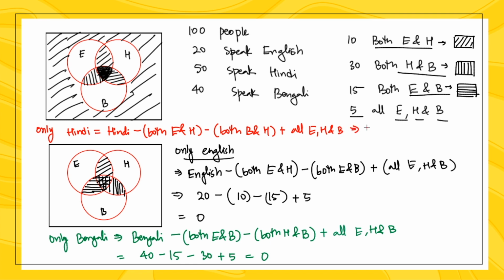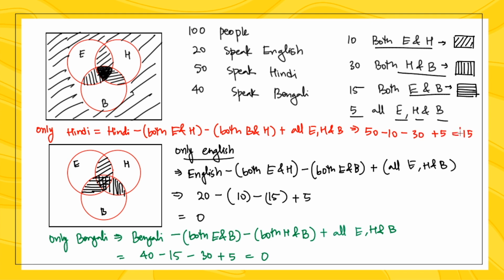So this will give you total Hindi speaking people are 50 minus both English and Hindi are 10 minus both Hindi and Bengali are 30, and then you have to add 5. So 50 minus 10 is 40, 40 minus 30 is 10, 10 plus 5 is 15.